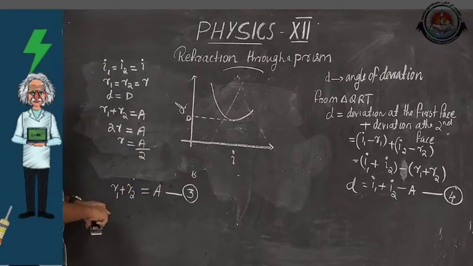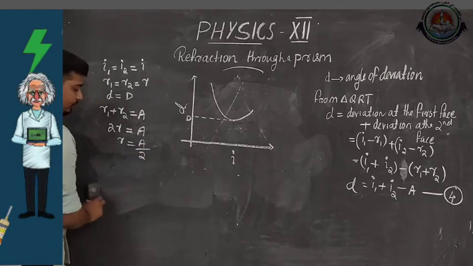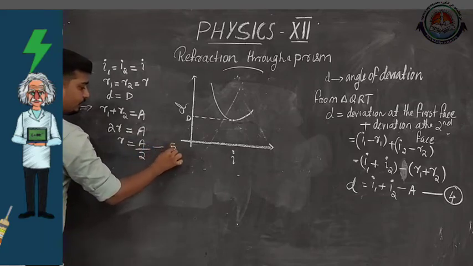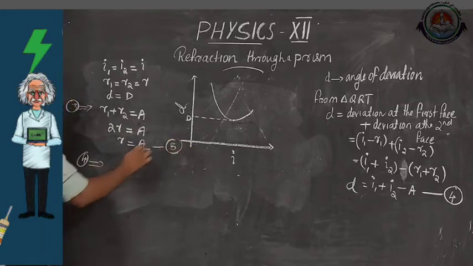A by 2. Similarly, this is the third equation, taken as the fifth equation. What is the fourth equation?